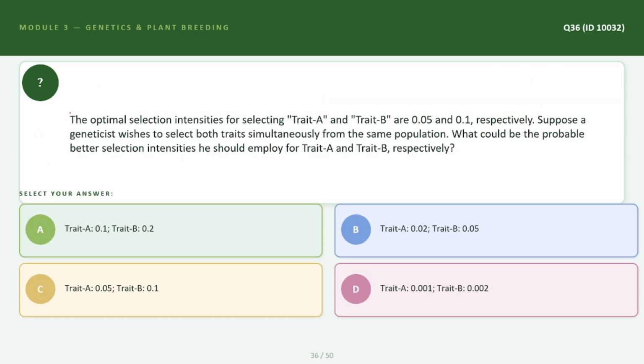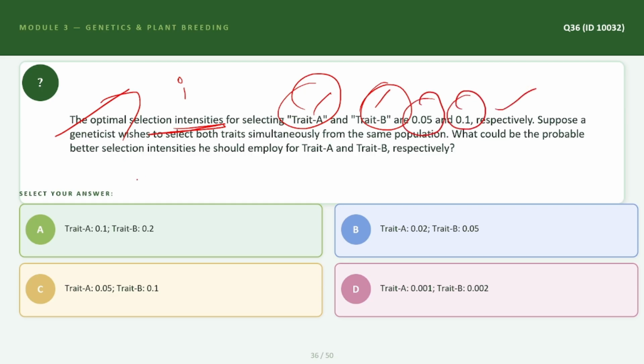Then this question is very, very tricky and very simple also. See, they are talking about the selection intensity of trait A and trait B, 0.05 and 0.1 respectively. Suppose the geneticist wants to select both the traits simultaneously.